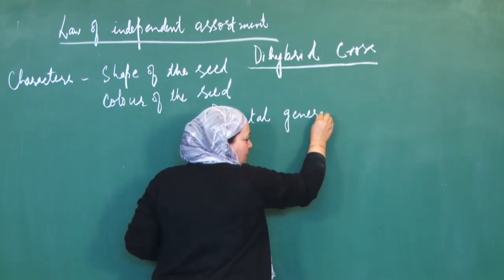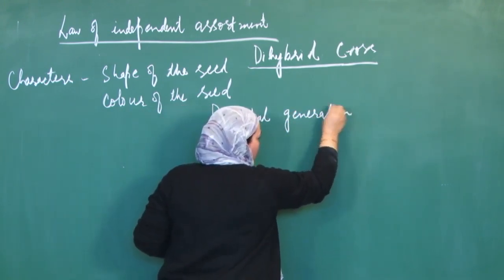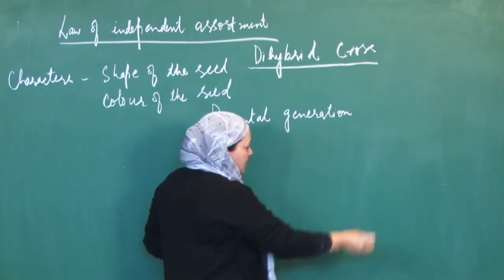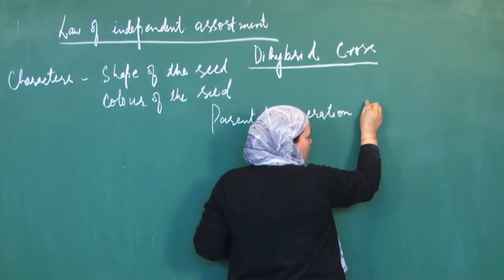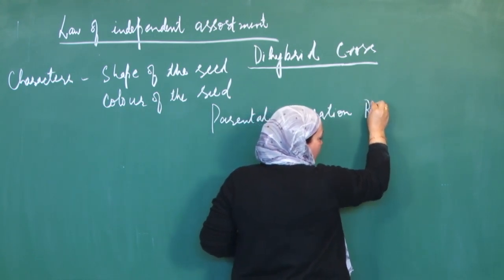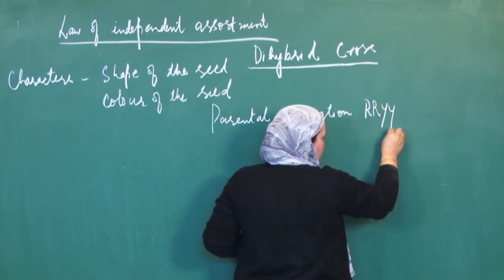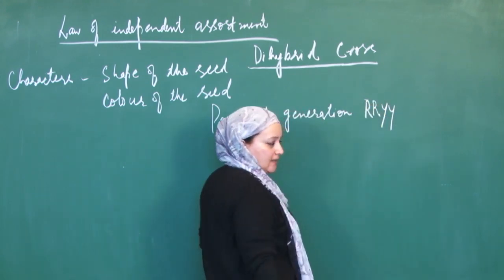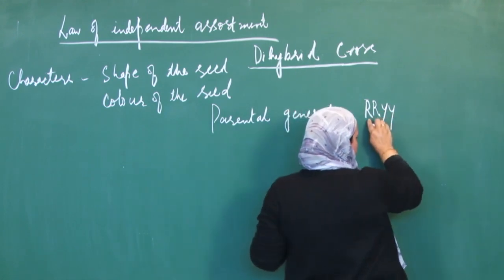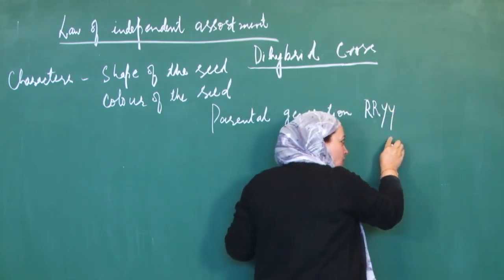He took the pure variety, that is the plant with round and yellow seeds. Round shape and yellow color.